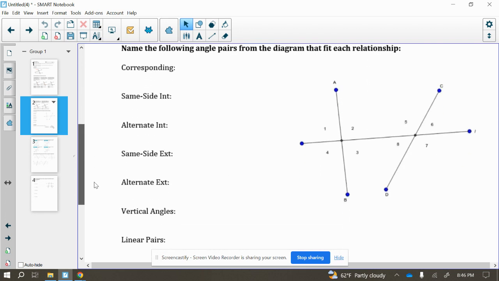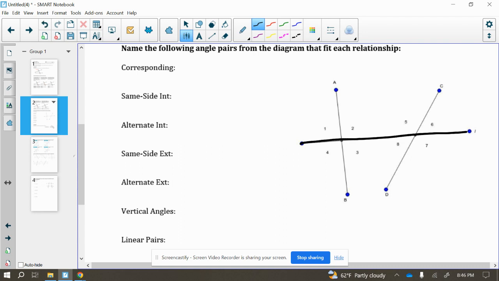Now, we can start naming some of these relationships as well. So, for instance, our corresponding angles, we notice right now we have a transversal right here with line L, and then we have these two other lines being created here. So, when we look at the corresponding, we want ones that are on the same spot on that transversal, one on the interior, one on the exterior.